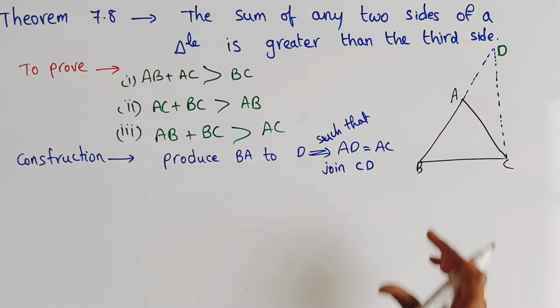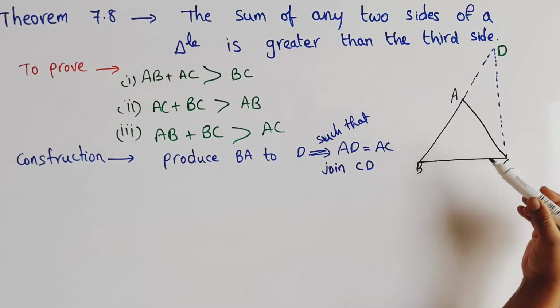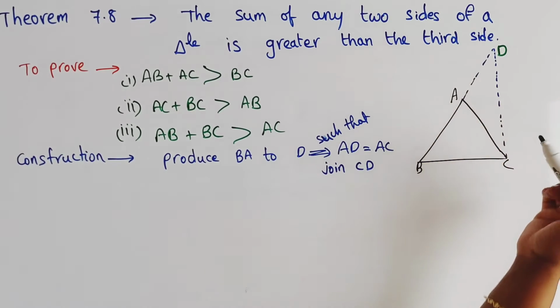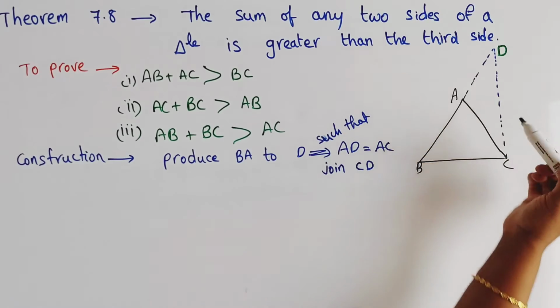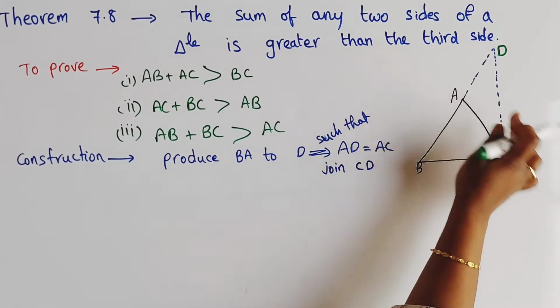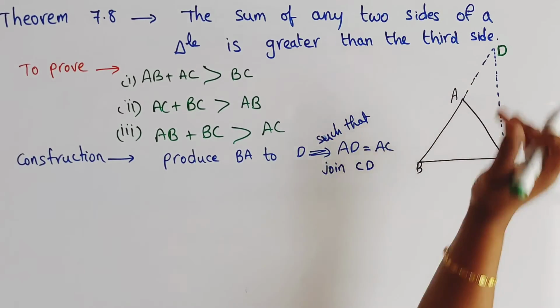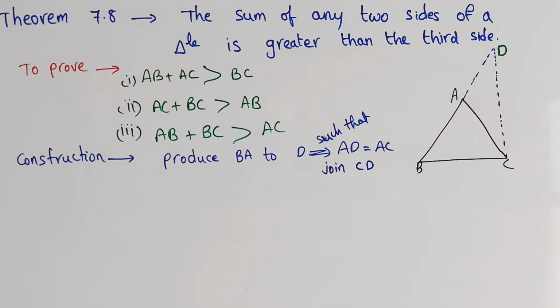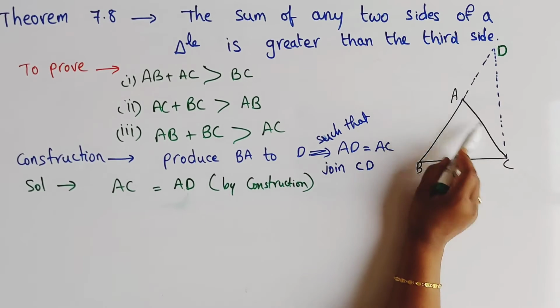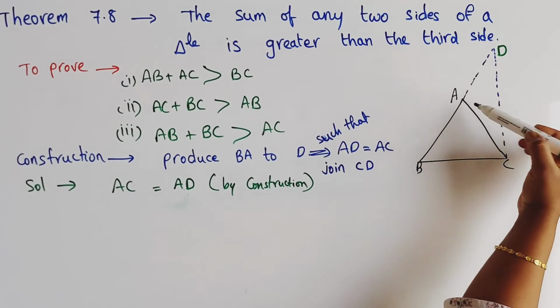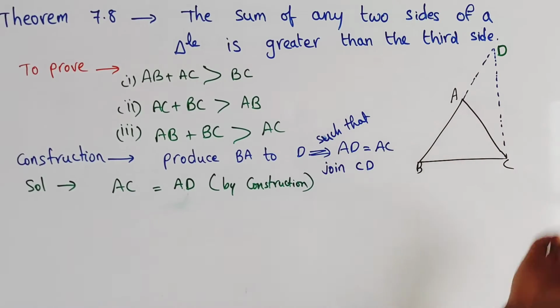For this we need to do a small construction, children. Produce BA to D such that AD equals AC. These two are equal, and join C and D. Right children? So here AC equals AD by construction, we know that. So AC's opposite angle and AD's opposite angle are also equal.